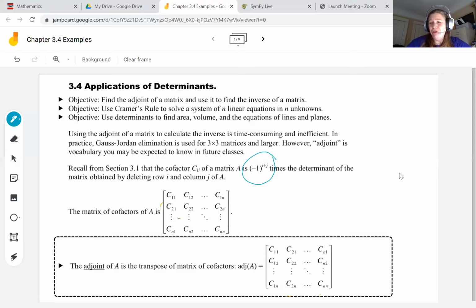We also saw we could do row operations to make our cofactor calculations simpler, so that we get ones and zeros in a particular column we want to work with.